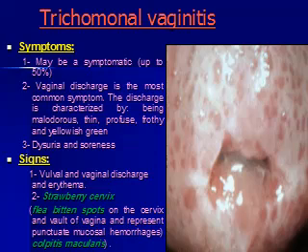The discharge is of bad odor, thin, profuse, frothy, and yellowish green. Signs will be in the form of vulval and vaginal erythema, strawberry cervix, or flea-bitten cervix.